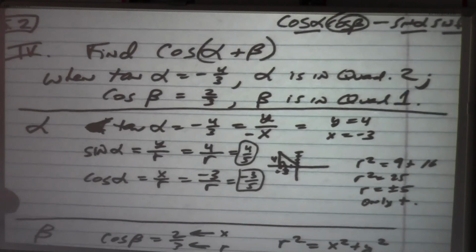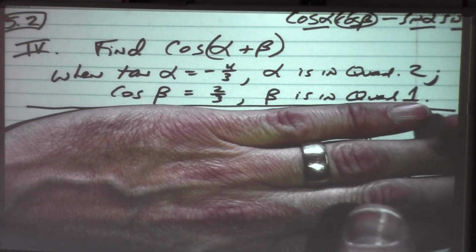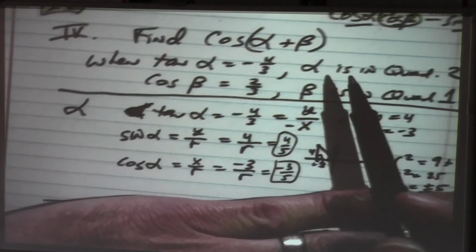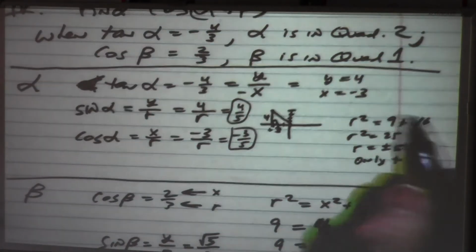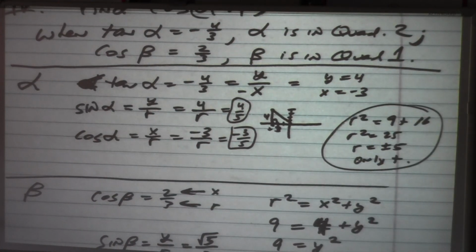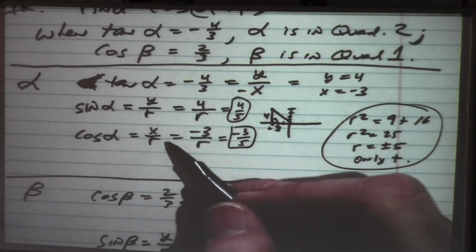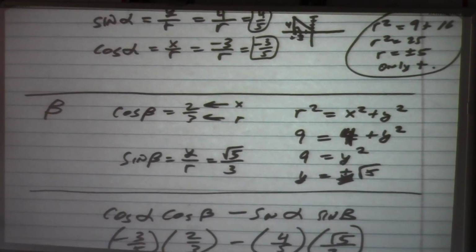So let's go back up and quickly review what I did here. This was the given information. I used the information on alpha to get sine and cosine, mainly by using the Pythagorean theorem, and remembering y over x and y over r and x over r. And then I did the same thing with beta in order to get sine of beta.